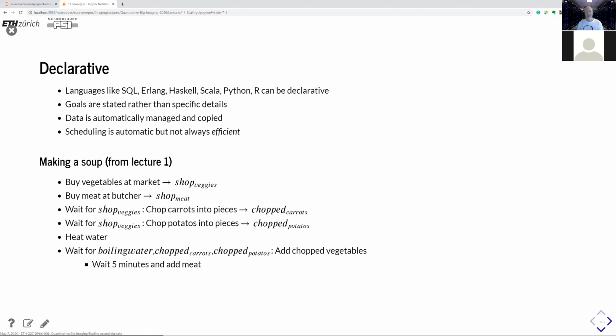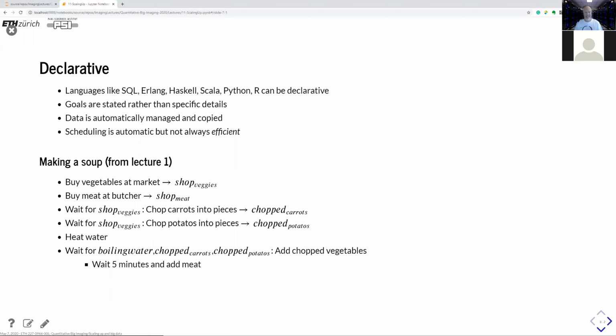And one way of doing it is to work declaratively. Languages like SQL, Erlang, Haskell, Scala, Python, and R can be coded in a declarative way. Then you more state the goal of what you want to do instead of the specific steps that you need to do.